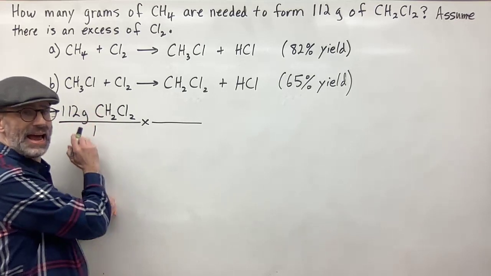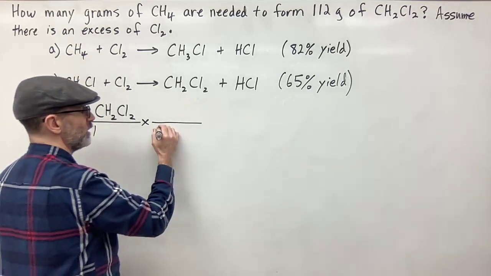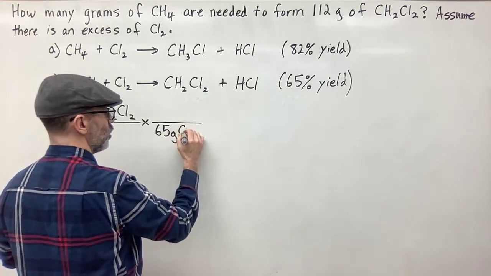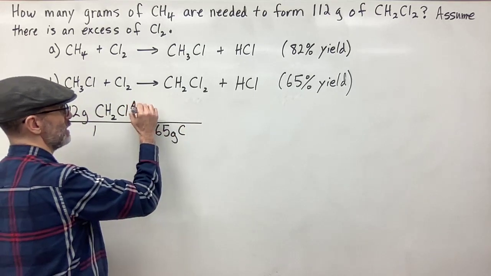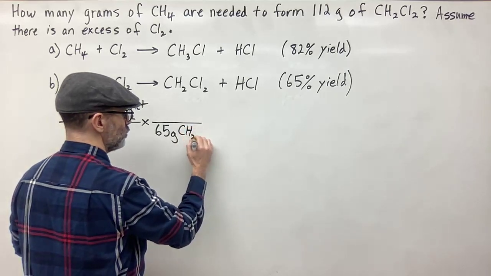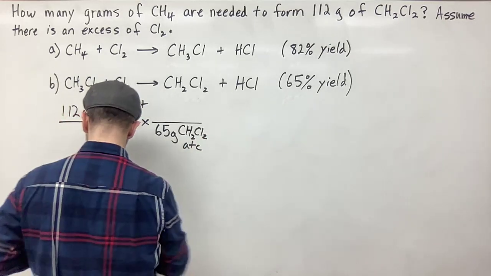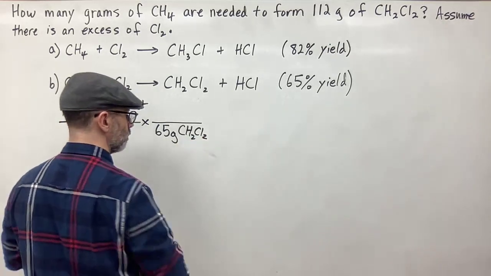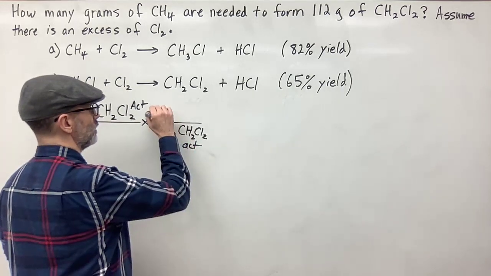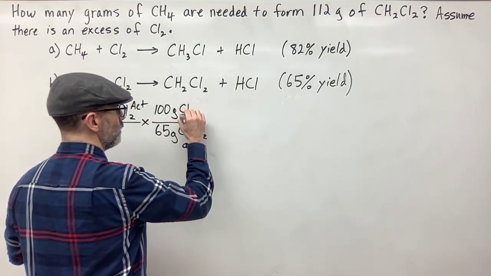So this is the actual that we want to get. Well, that's going to be related to the 65 grams of actual that we get here. So I'm going to put ACT for actual, and so the CH2Cl2 actual is related to the 100 grams that I should have gotten theoretically.